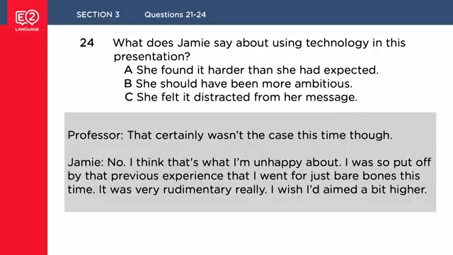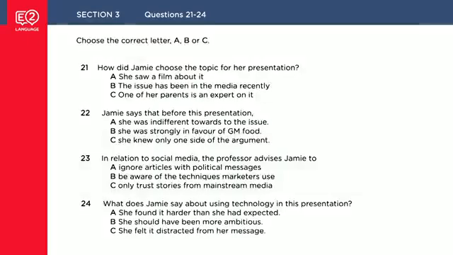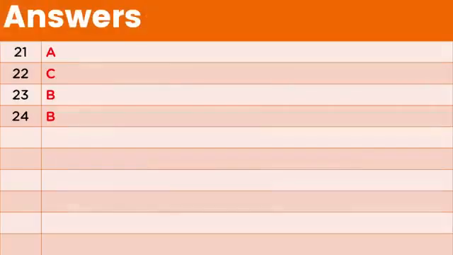Final bit of the script. And the answer, hopefully you got it right, is B. So let me know in the comments, why is it B? Why not A? Why not C? Here are all the questions. Here are the answers: A, C, B, B.